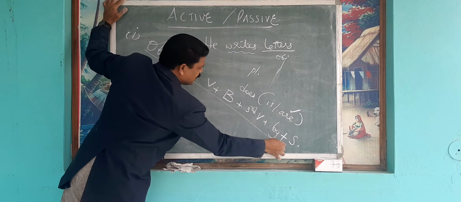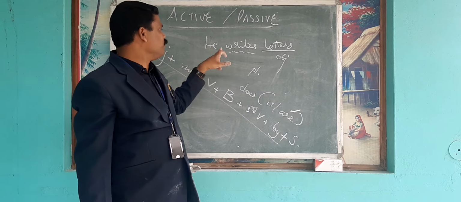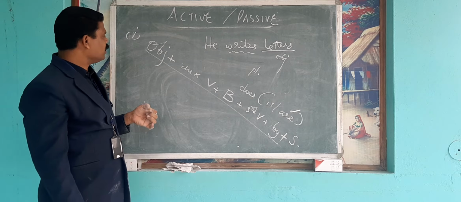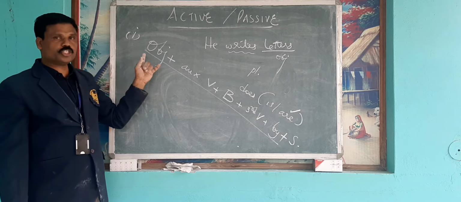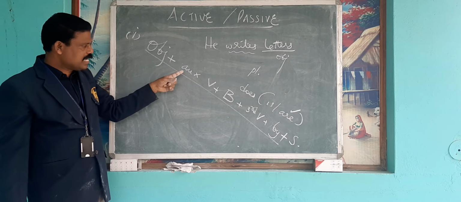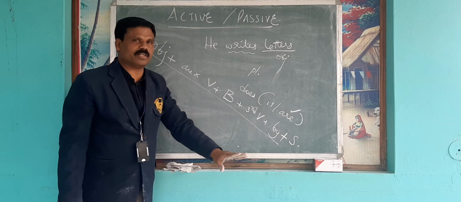This is the first rule for sentences starting with a subject. If the sentence starts with a subject, you have to follow this rule. First write the object, then auxiliary verb, then be, being, been, then third verb, by plus subject.